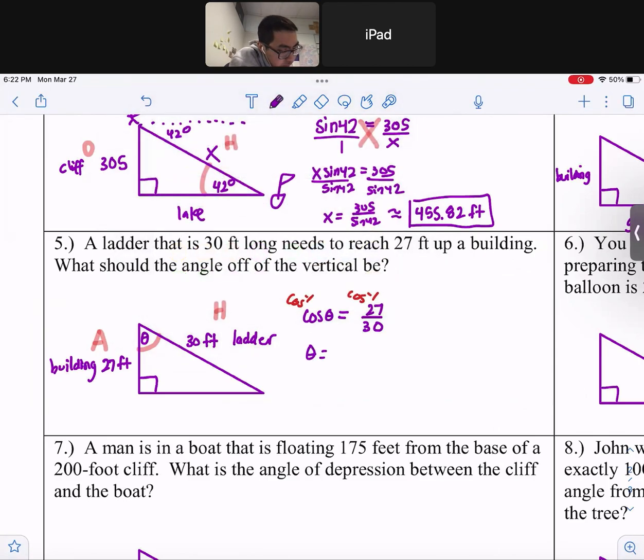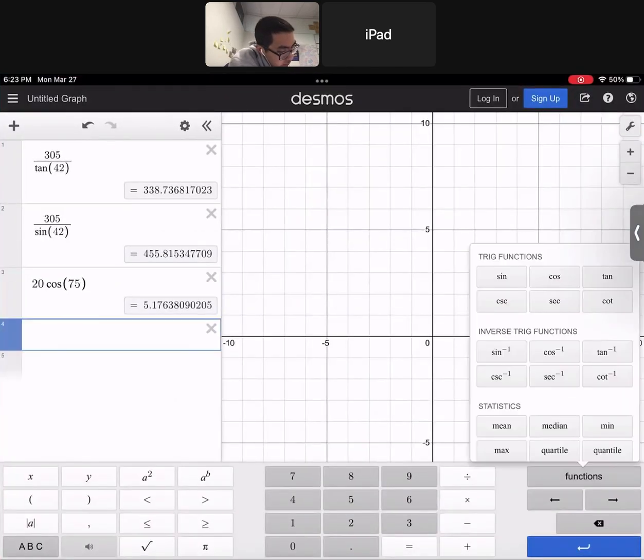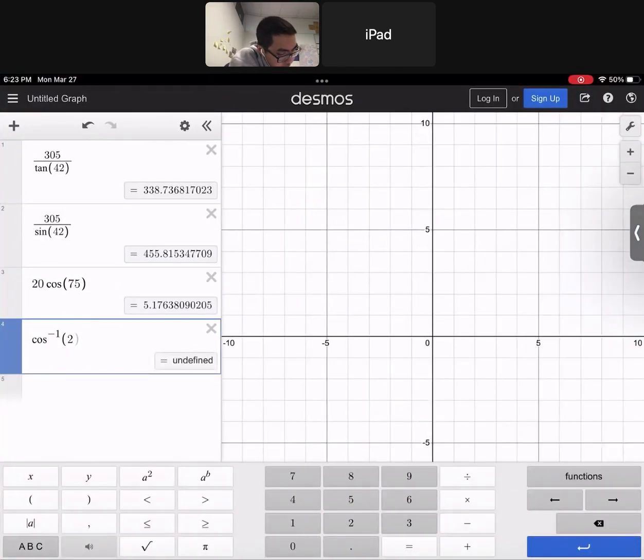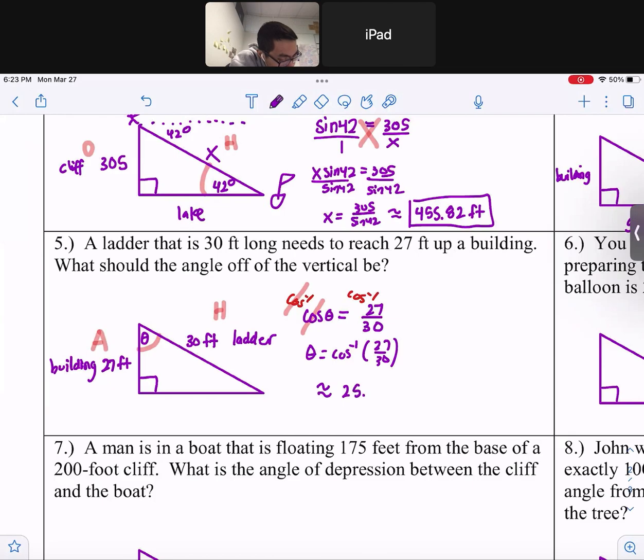So theta equals cosine inverse of 27 over 30, because this cosine inverse cancels with the cosine, right? So what angle measurement is cosine inverse of 27 over 30? Functions, cosine inverse 27 divided by 30. Round to the nearest hundredth, 25.84 degrees, because we solve for an angle.